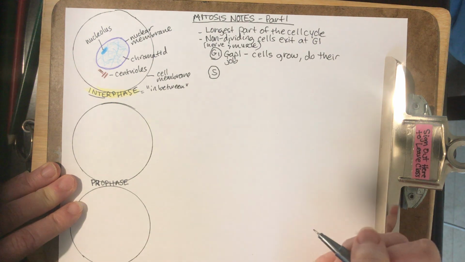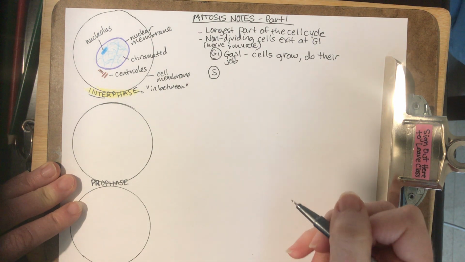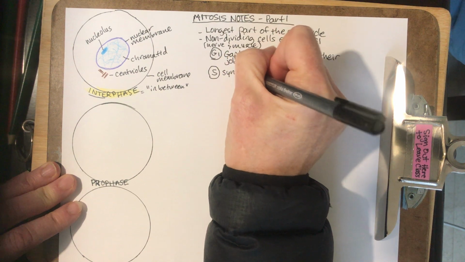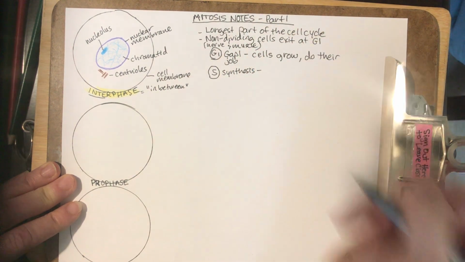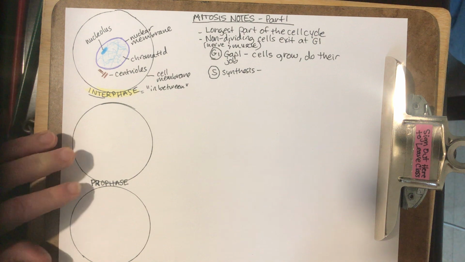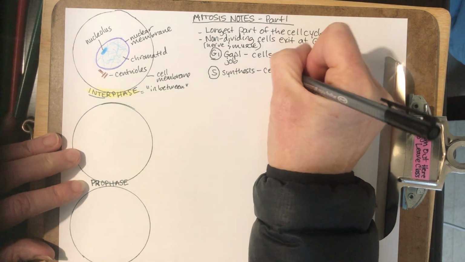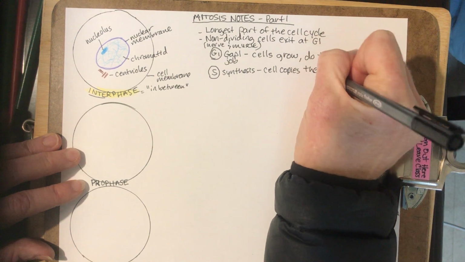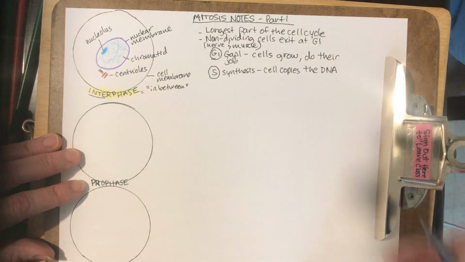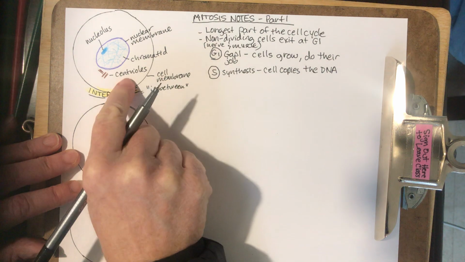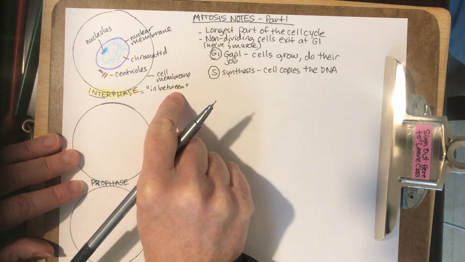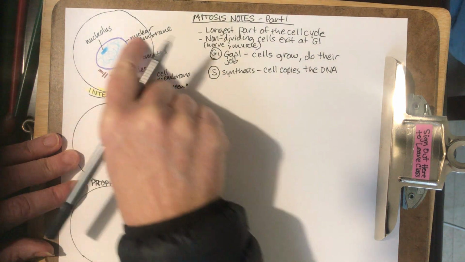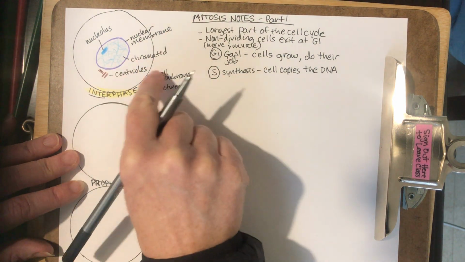The next step of interphase would be S, and remember S stood for synthesis. And synthesis means to make or to create. So this is when the cell copies the DNA. Because remember, the whole goal of mitosis is to start with one cell and end up with two identical daughter cells. And in order to do that accurately, everything needs to be a perfect copy within the two new daughter cells.